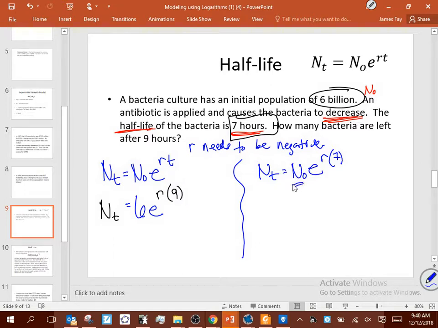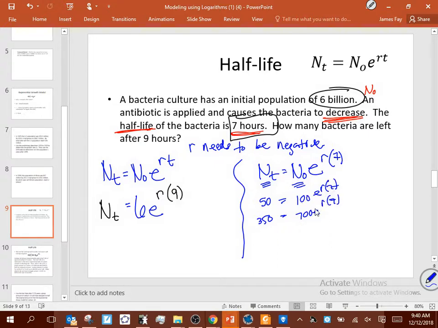Here, I don't know what that number is, and I don't know what that number is. But that's an initial amount, and this is the amount after my half-life elapses, right? By definition, half-life says if you start off with 100 right here, then you'll get 50 here after that time elapses, right? If you start off with 700 here, then you will be left with 350 here after that time elapses, correct? And both of these are going to have the e to the r times 7 on them.